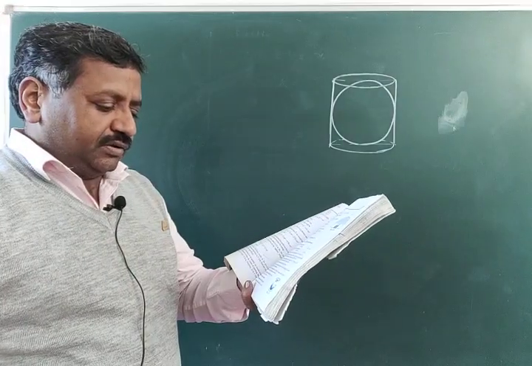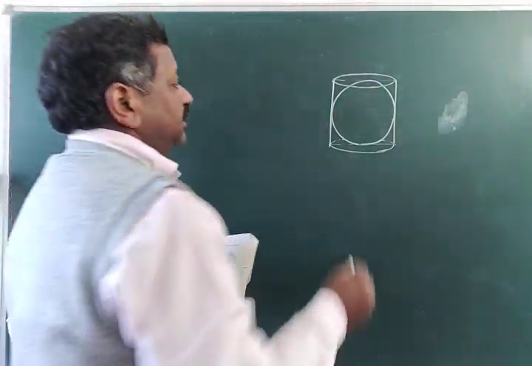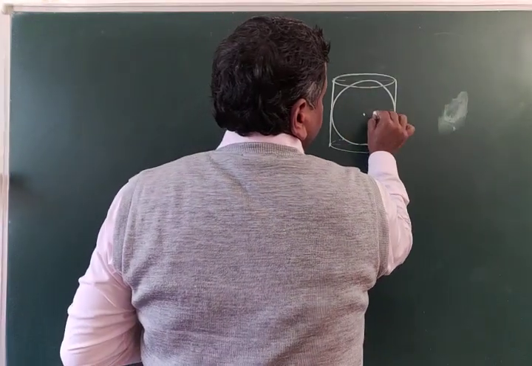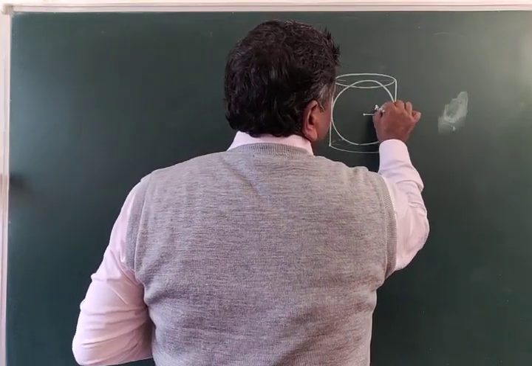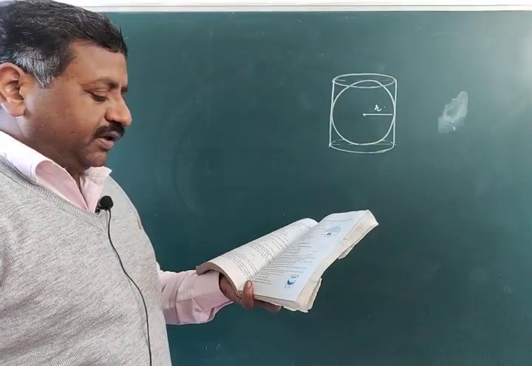A right circular cylinder just encloses a sphere of radius r. Its radius is r. Find surface area of the sphere.